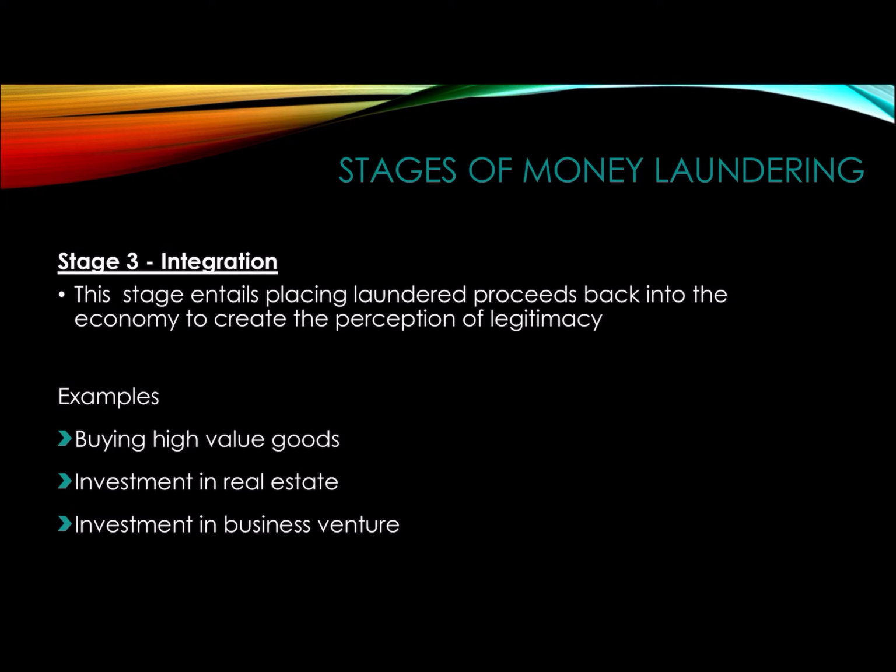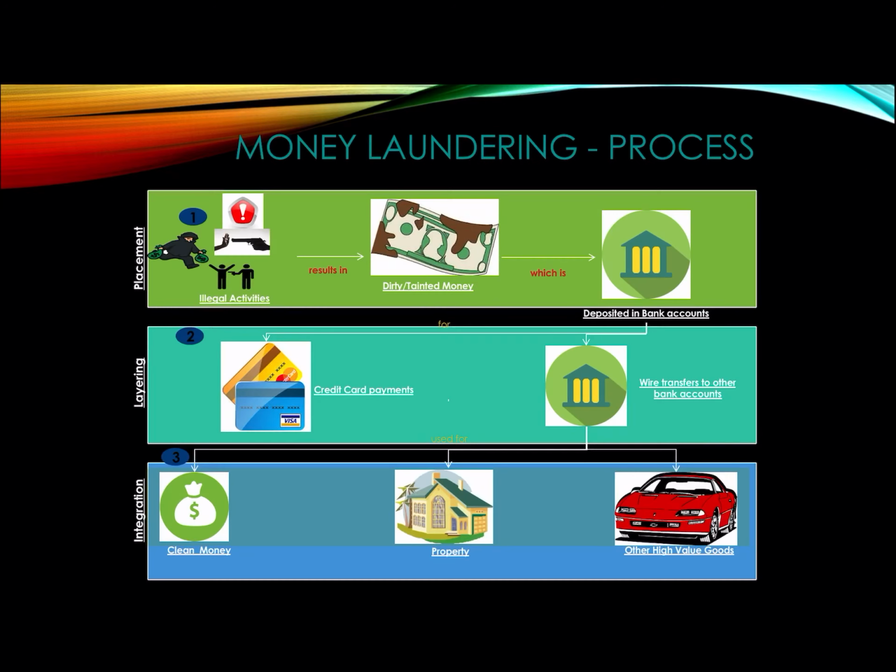Let's also understand the three stages or methods of money laundering through a pictorial representation. So in this example, there is a money launderer who is involved in illegal activity. It can be kidnapping, it can be drug trafficking, or it can be any other illegal activity.